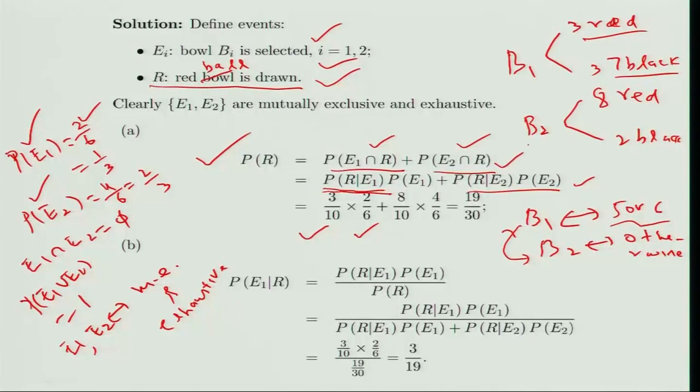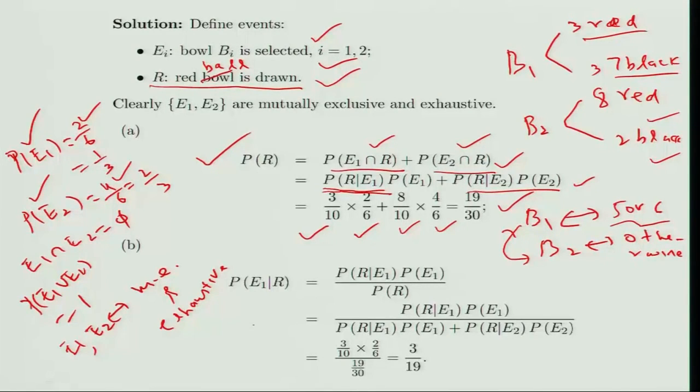Then probability of R given E2 is the probability that you draw a red ball from bowl B2. Bowl B2 has 8 red and 2 black. So the probability of drawing a red ball from bowl B2 is 8 by 10. Then what is the probability of E2? We have found it out, 4 by 6. If you simplify it, it turns out to be 19 by 30.